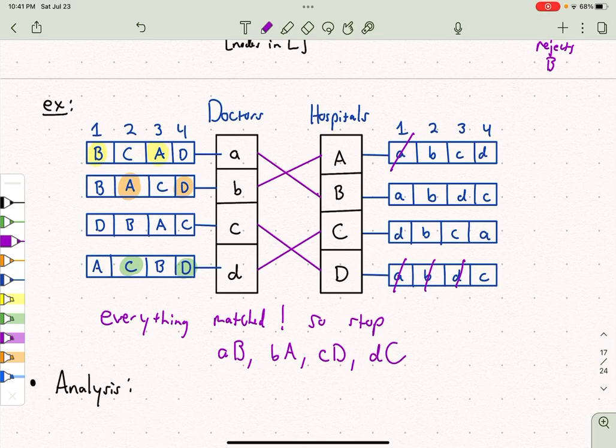So this is how the process will actually go. It's a series of offers and rejects. And every time we get a reject, we have to update our preference list. And over time, these preference lists go down. And similarly, the doctors' preference lists on the left side, they actually go up, actually.